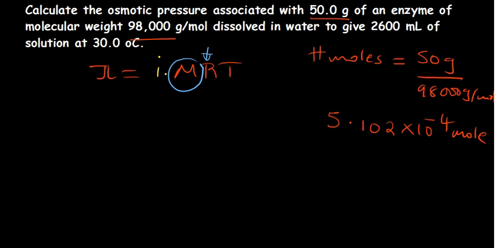So we need to divide by the volume if we are to get the molar concentration. So the volume there was 2,600 milliliters, which can just be divided by 1,000 to get liters. In other terms, multiplying by 10 to the power negative 3. So we are dividing 5.102 times 10 to the power negative 4 by 2,600, which is multiplied by 10 to the power negative 3.